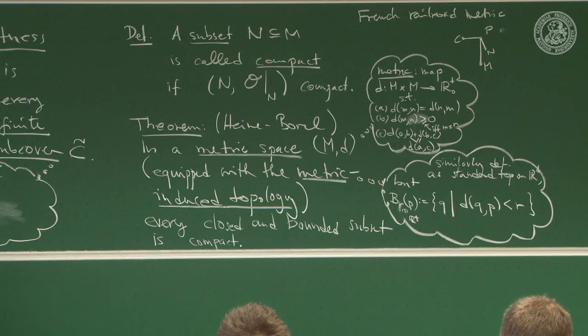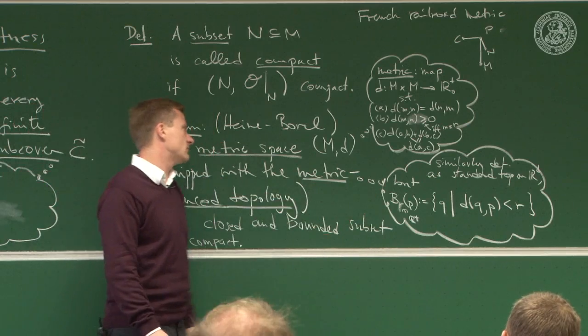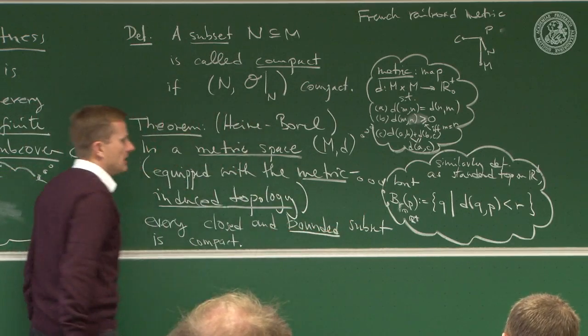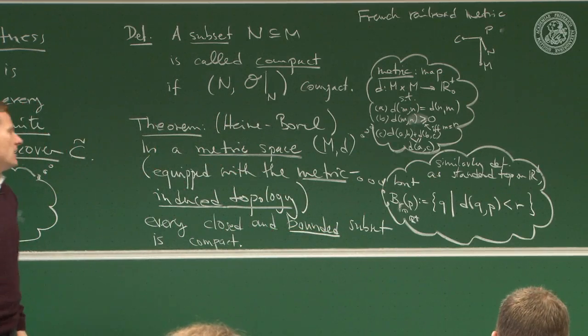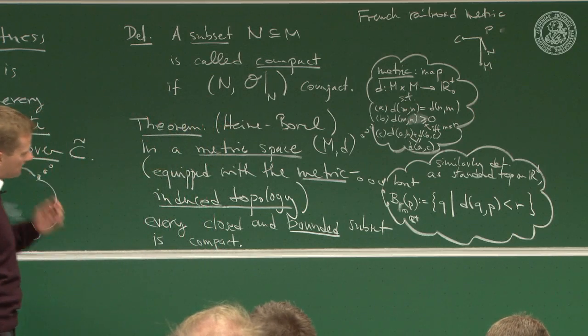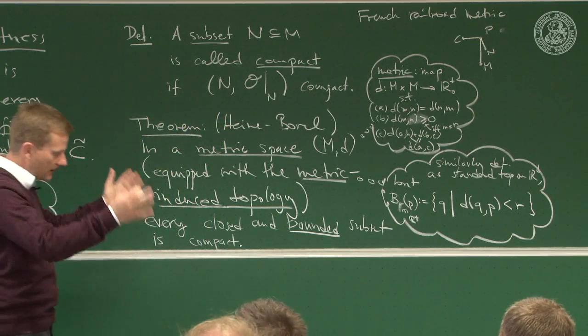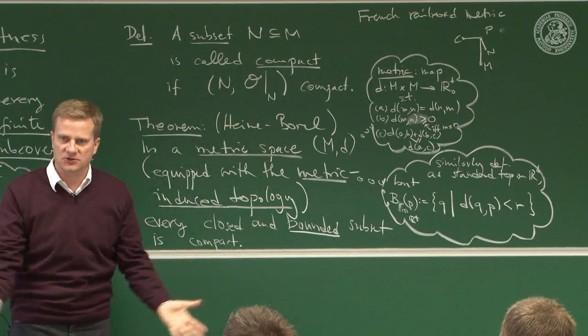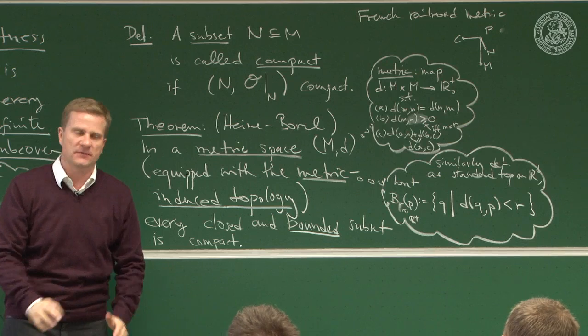What a closed subset with respect to some topology is, we know. The question is, what is a bounded subset? That is not very difficult. You just find a number such that all the points of this subset lie within, say, a circle of a certain radius constituted by that number.